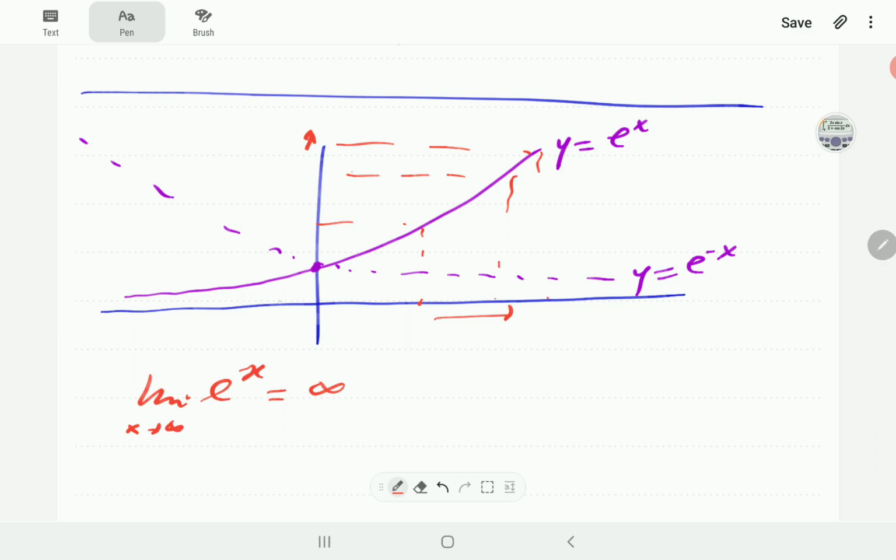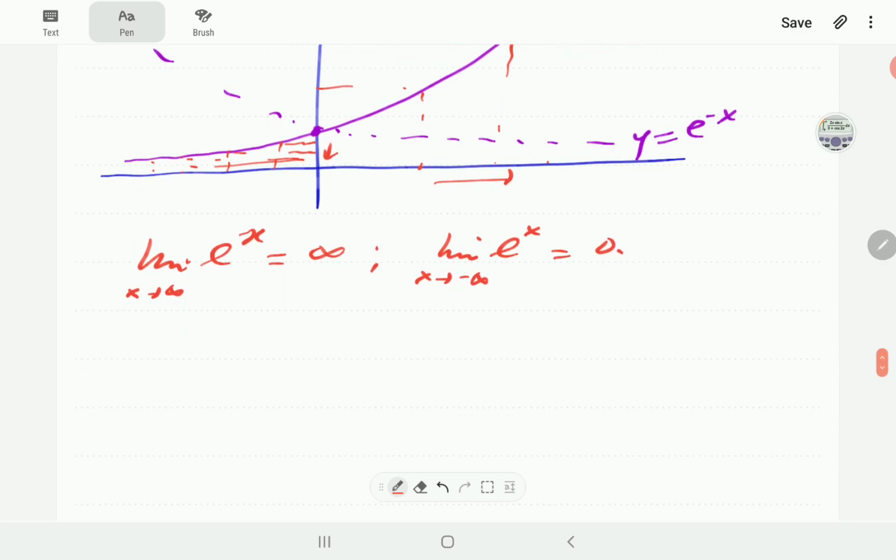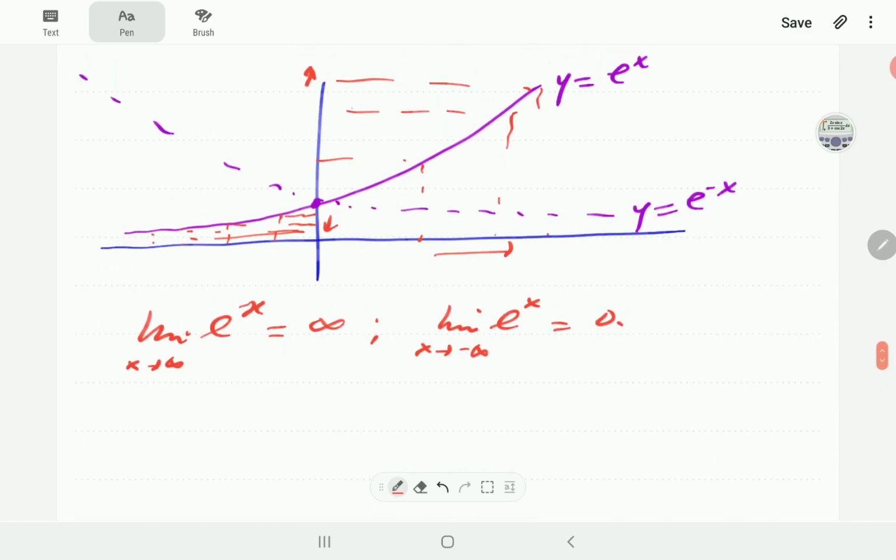And then as x goes to negative infinity, this time y is going to 0. So the limit of e to the x as x goes to negative infinity is 0.